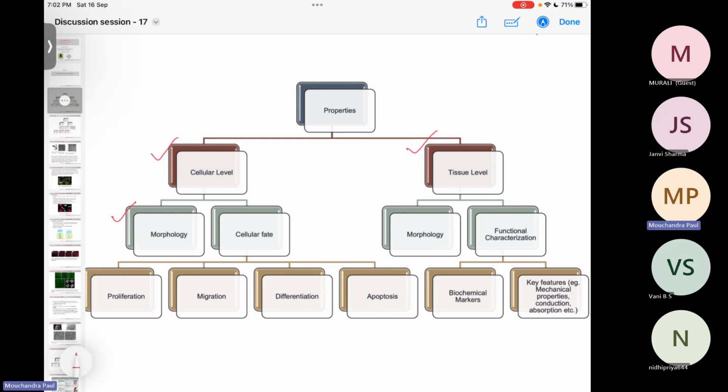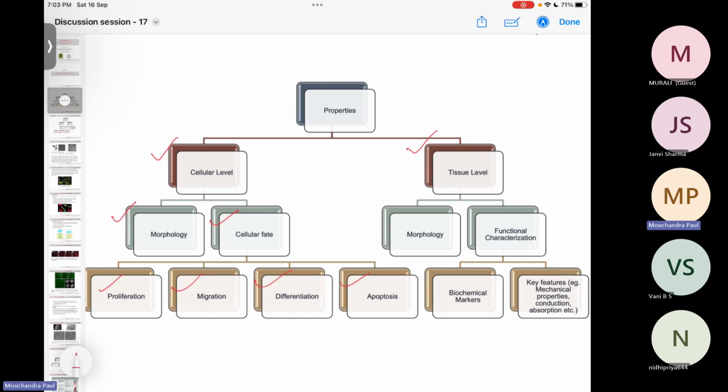And also how the conditions bring change into the cellular fate processes like cell migration, proliferation, differentiation, apoptosis. So we already know in theory about each of these topics, but when you are going to experimentally understand whether the cell is migrating or not, or how it is differentiating, in experimental conditions, we are going to see how it is observed.